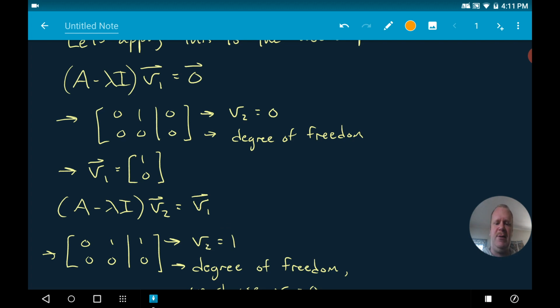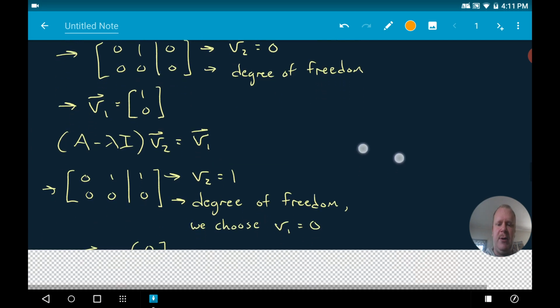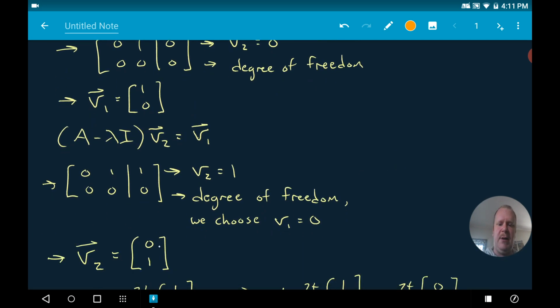So if v2 has to be equal to 1, I think the only real good choice here, if we want as many zeros as possible, is going to be to choose v1, the value in this case, to be 0. So we'll get a second eigenvector that looks like 0, 1. So we have 1, 0, and 0, 1.